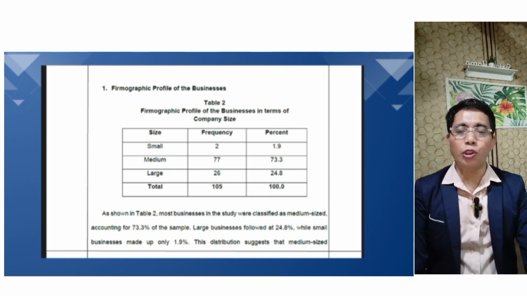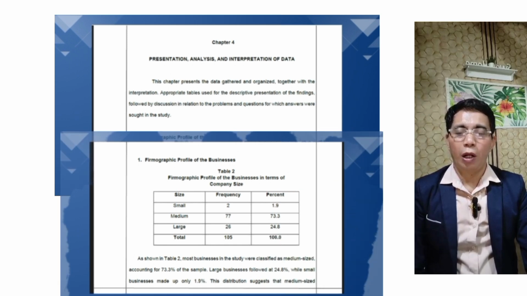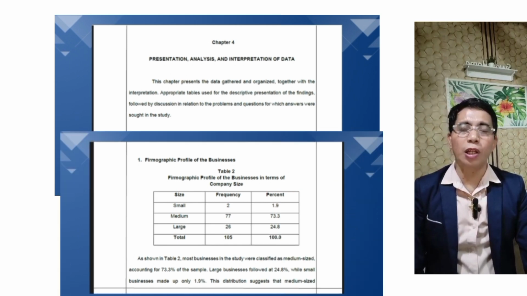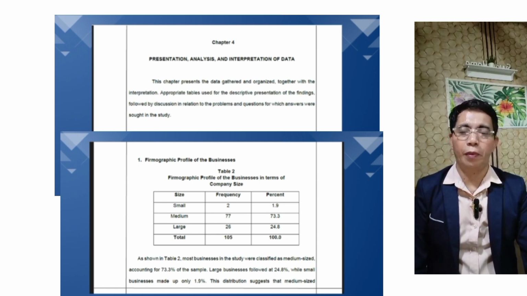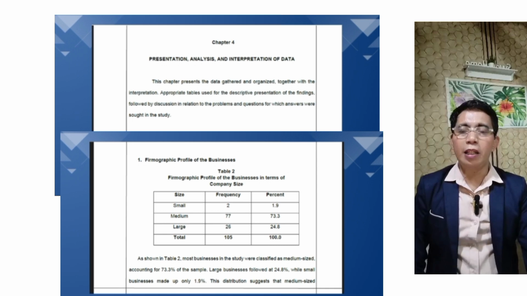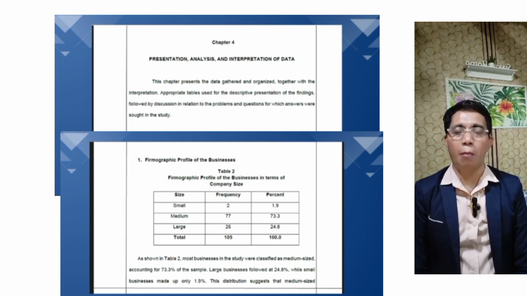Let's take a look at chapter 4 in actual presentation. To begin with, you need a concise transitional statement to guide the reader, and then proceed with the formal presentation of the table. As you can see, we have Table number 2, Firmographic Profile of the Business in terms of Company Size.